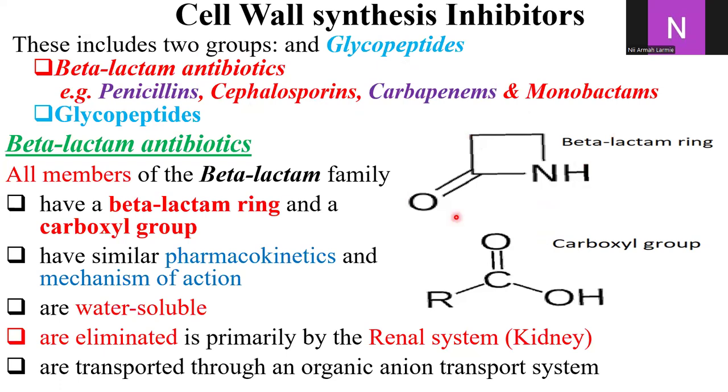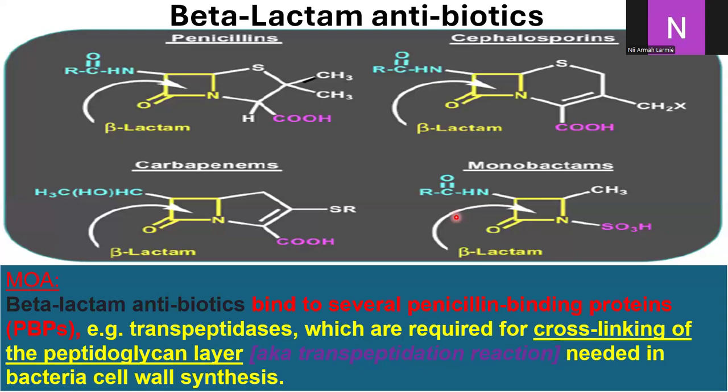So let me show that to you in picture form. You note that this is penicillin and this is the beta-lactam ring. This is cephalosporins, and you can see the beta-lactam ring in yellow. Carbapenems, you can see the beta-lactam ring in yellow. And monobactams, you can see the beta-lactam ring in yellow.